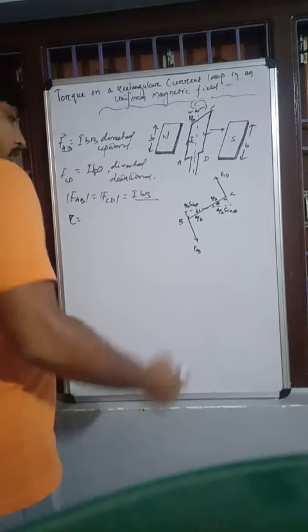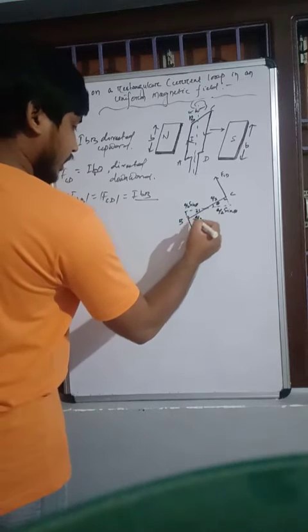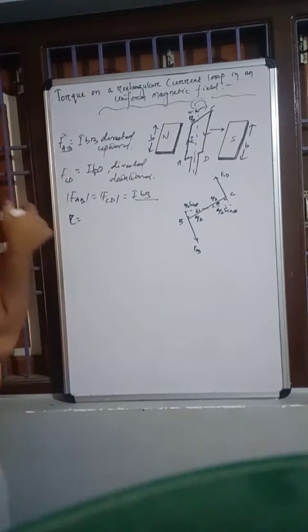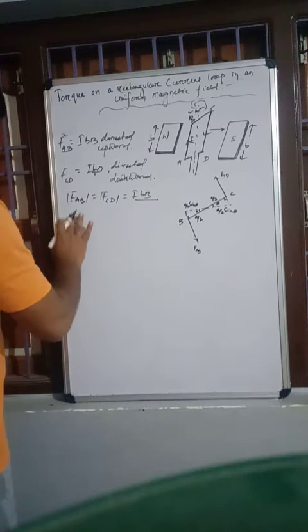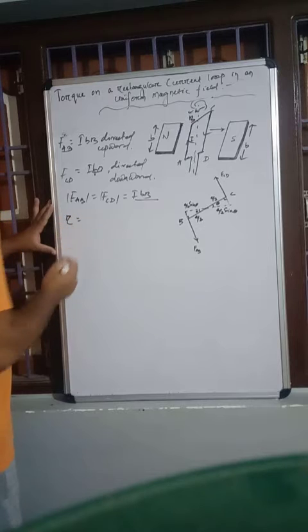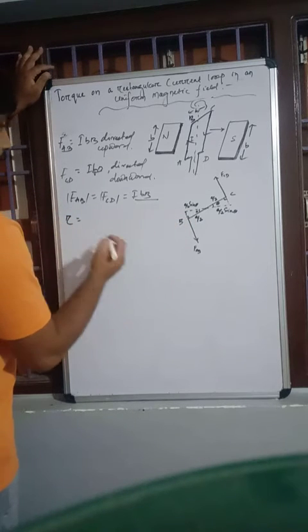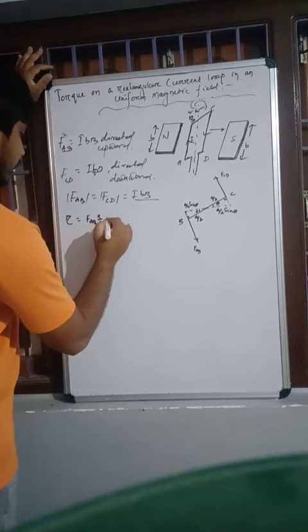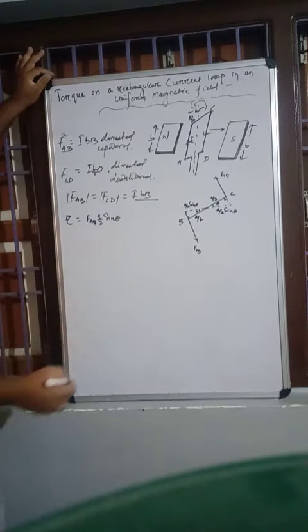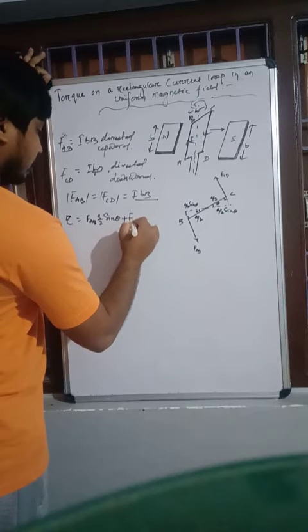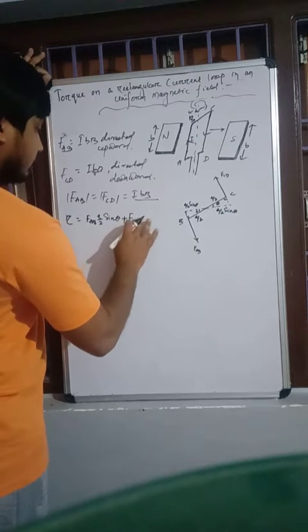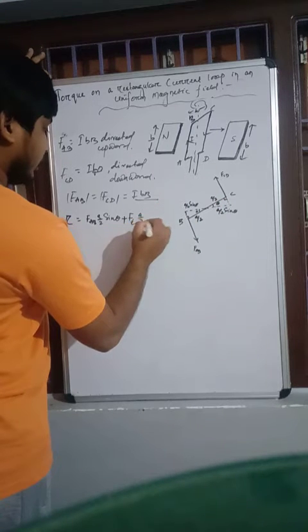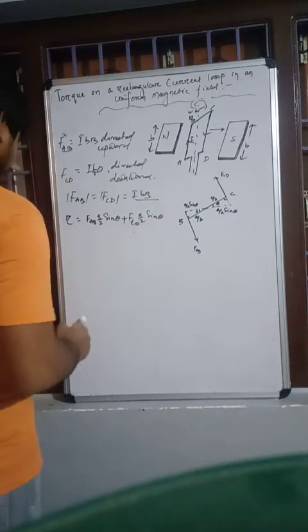So tau will be force into perpendicular distance, that is F_AB into a by 2 sine theta plus F_CD into a by 2 sine theta.